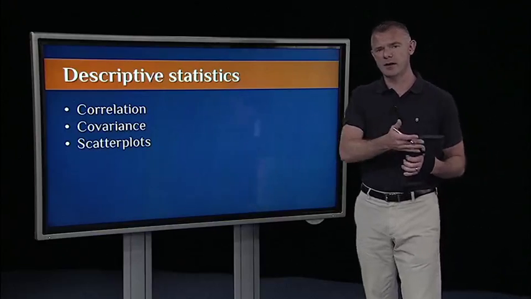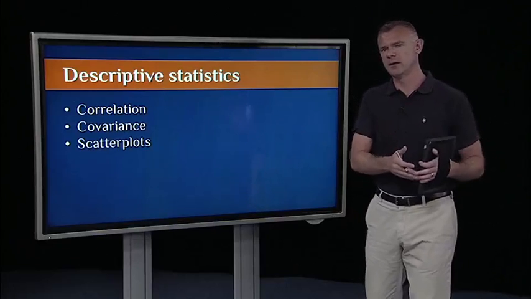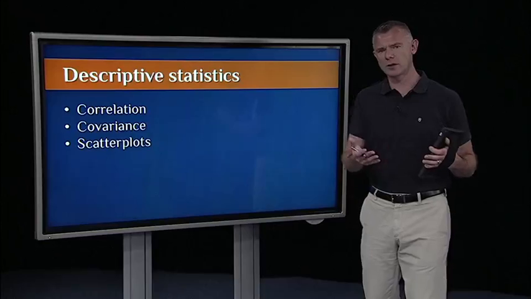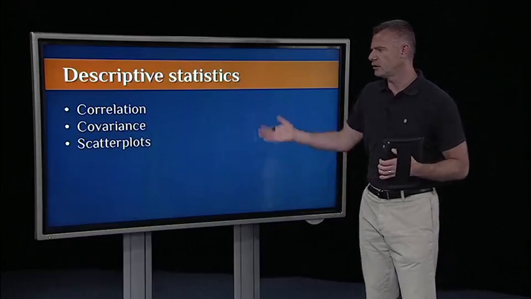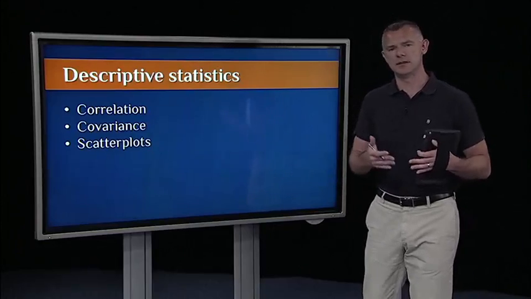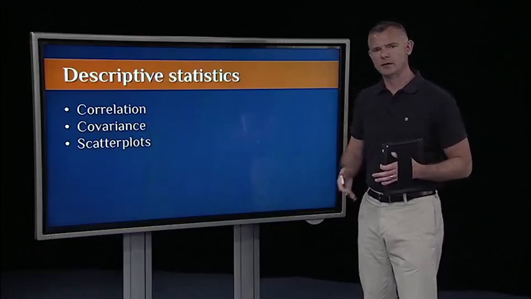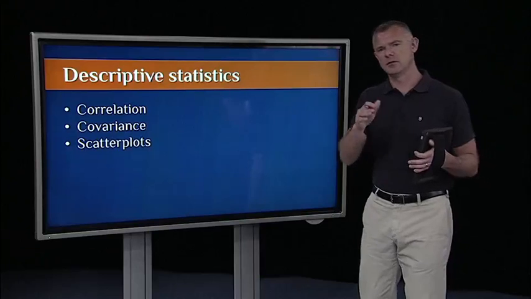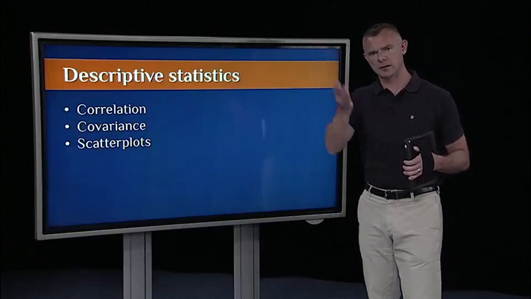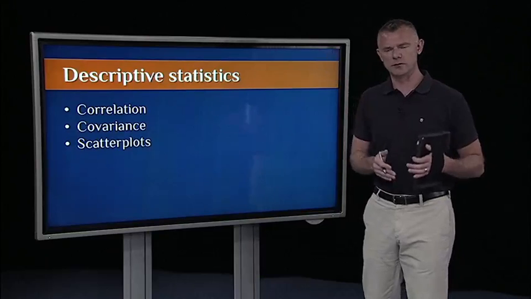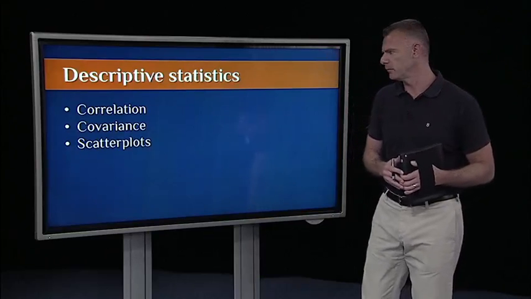To get variance, we had sum of squares, and to get covariance, we had sum of cross products. To test the assumptions of correlations, we looked at scatter plots. So we had histograms to look at normal distributions, and scatter plots to look at the linear relationship between 2 variables and to look at correlations.